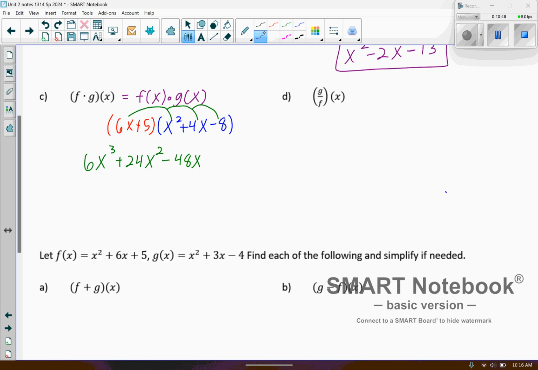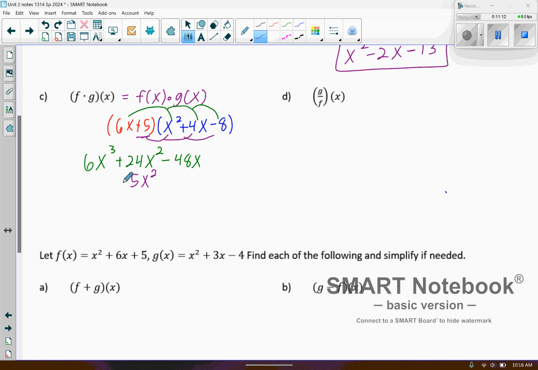Then now what we're going to do is multiply the plus 5 by all three of these. Now, I could continue this out to the right, but it will probably take up quite a bit of room. And so a little trick that we like to do that organizes everything and makes it a little bit easier is I'm going to stack my like terms. So like 5 times x squared, that's 5x squared. So I'm just going to put it in the x squared column right here.